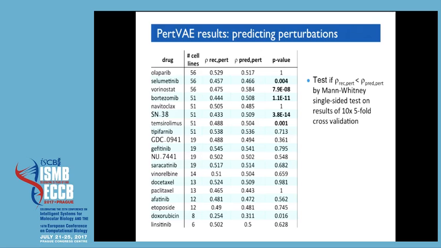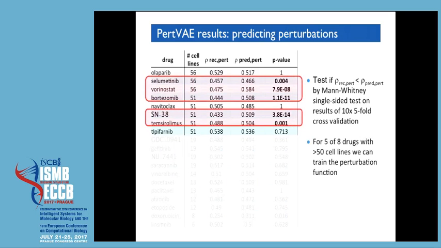So how are the results? We ran the model in 10 times 5-fold cross-validation, and then computed a Mann-Whitney test to see if, in these 50 experiments, which are not IID, the desired correlation is higher than the other.